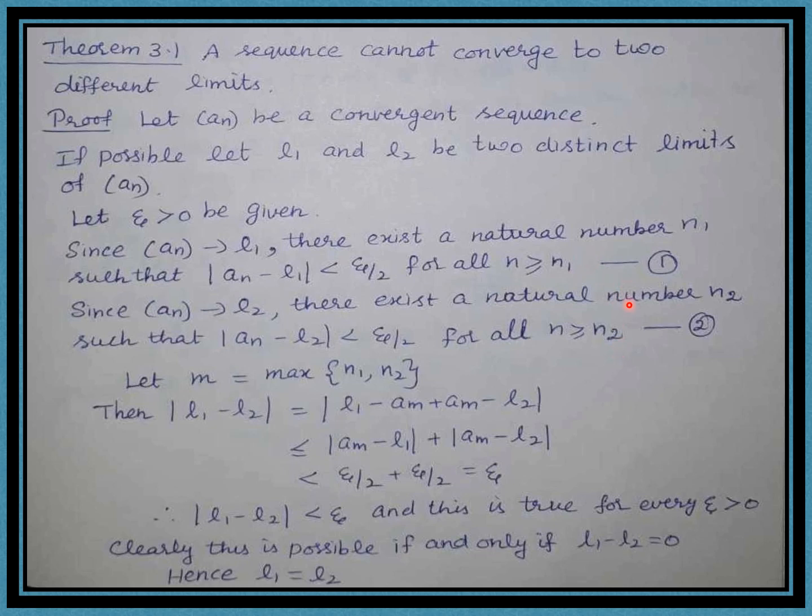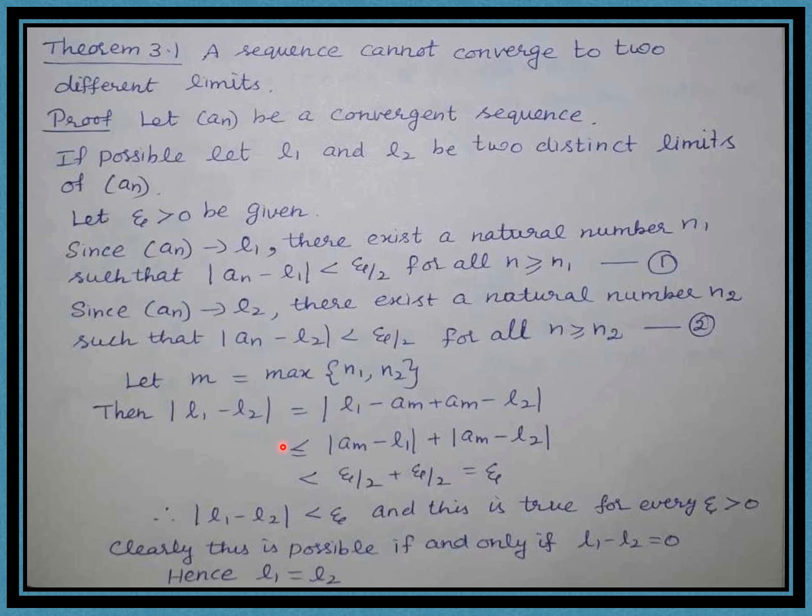Now, among this n1 and n2, we are going to choose the maximum value and we assign that maximum value the name m. So we are taking m equal to maximum of n1 and n2. Now we are going to find the difference between L1 and L2 by taking absolute value of L1 minus L2.